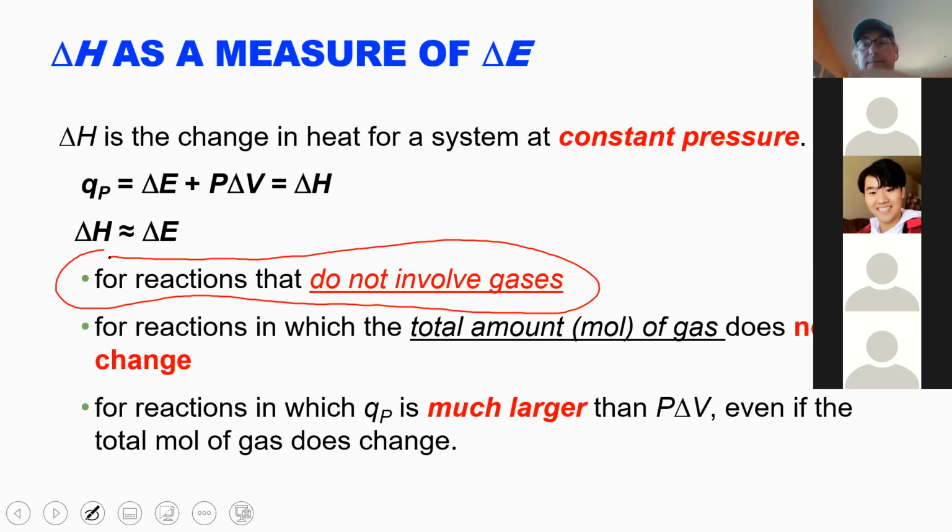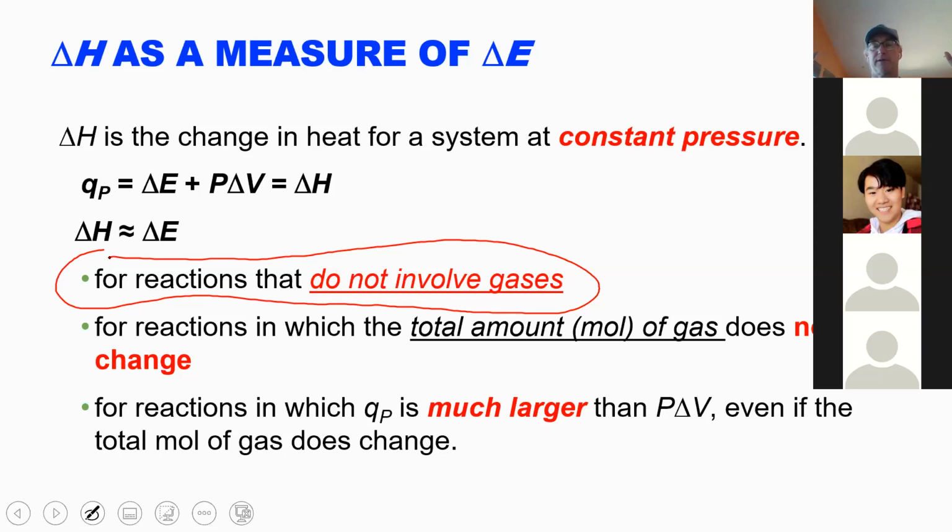One thing we'll learn when we do the gas laws is that 1 mole of gas takes up a certain volume of space, 22.4 liters at 1 atmosphere of pressure. It doesn't matter what gas that is, whether it's hydrogen gas or chlorine gas or water vapor, because there's so much space between gas molecules.